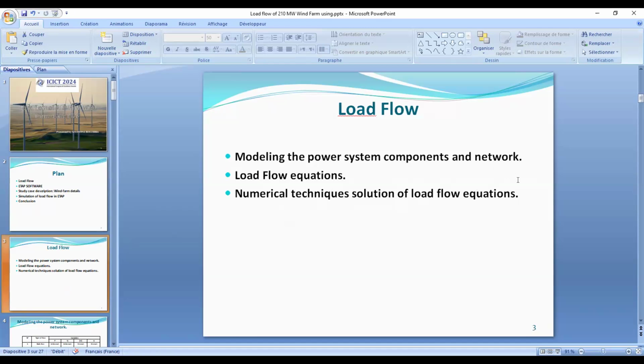Load flow equations: we will look at the fundamental load flow equations which mathematically describe the balance of active and reactive power in the electric system. Finally, we will look at the numerical methods used to solve these equations.